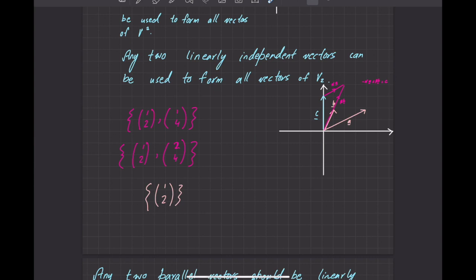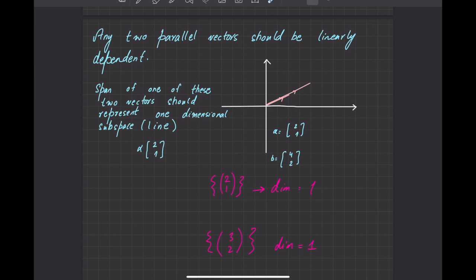So with a two-dimensional vector space, you are only left with two possibilities. If you have two linearly independent vectors, then that means it spans the entire two-dimensional vector space. Or if you have one vector, then its dimension is one, and that represents a line passing through the origin.